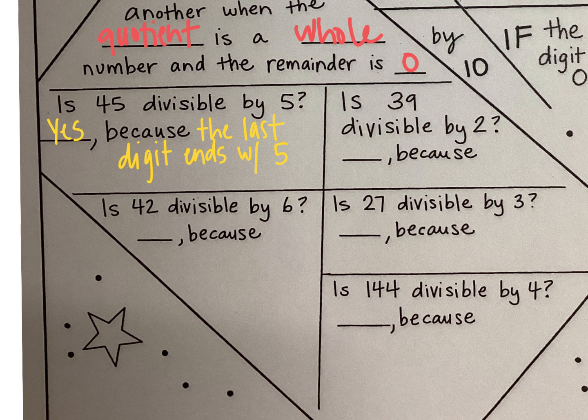Okay, the next one below, is 42 divisible by 6? The rule says if the number is both divisible by 2 and 3, it is divisible by 6. So is 42 divisible by 6? Yes. Okay, Emerson, why?